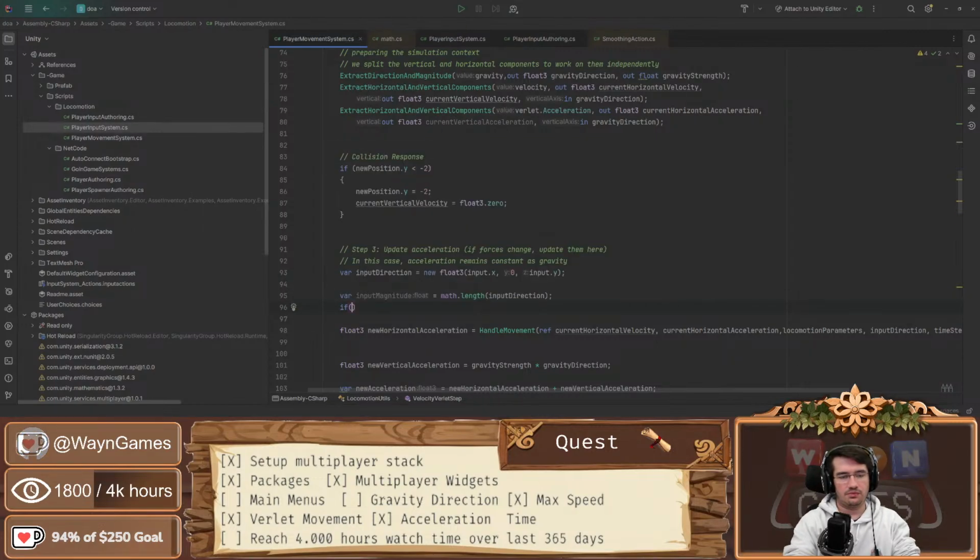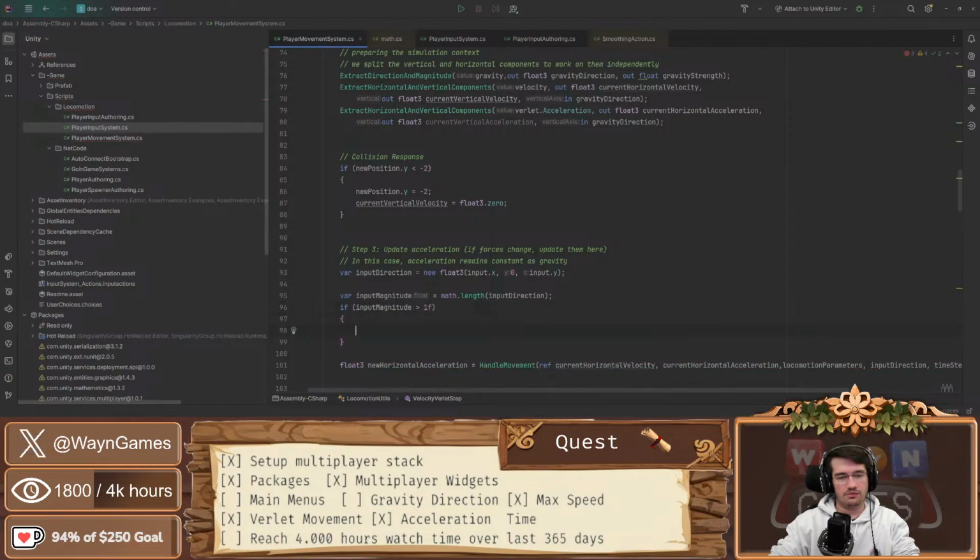And if the length is above 1f, I should normalize it or clamp it, bring it back to 1, so that's normalization.